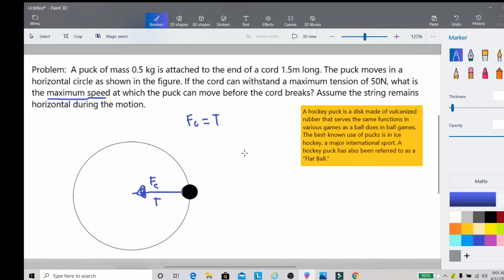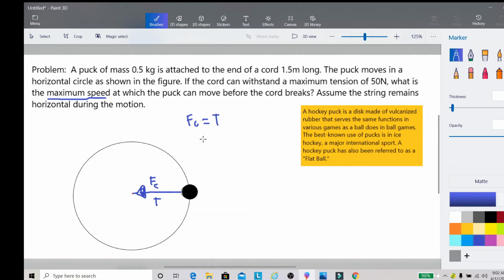That is the key analysis, because we are given the maximum tension of this cord to be 50, so our centripetal force must not exceed that. So, we can say Fc is equal to T.